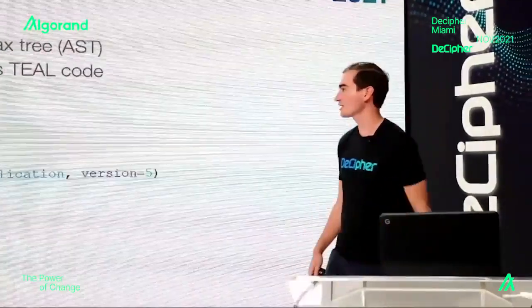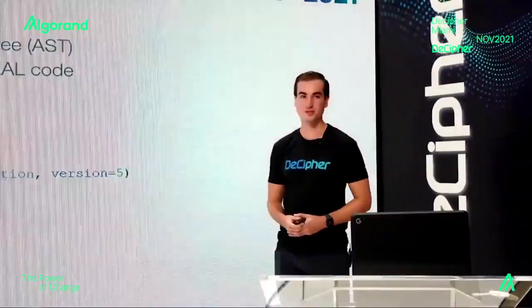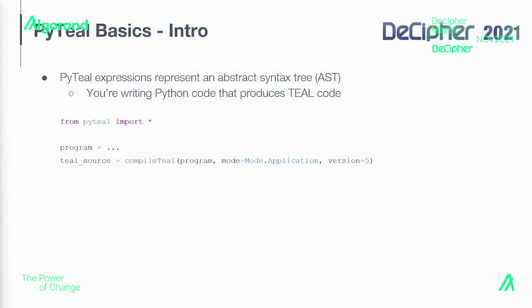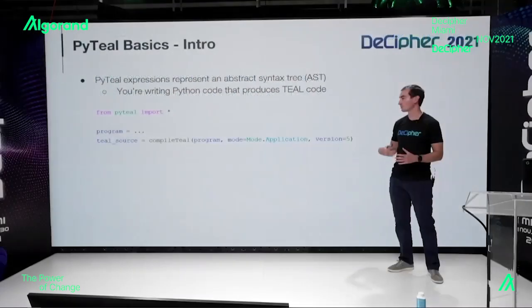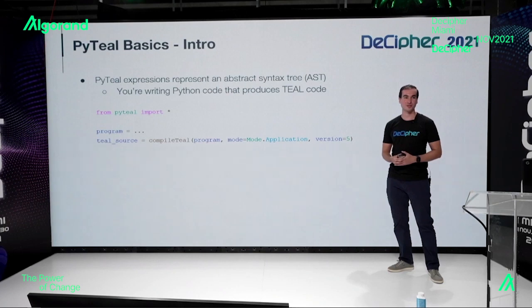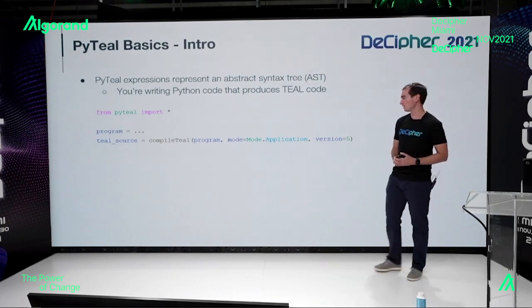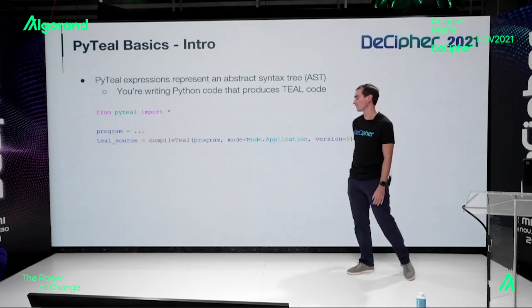So to start with, I talked about PyTeal expressions. The way that this works is I like to say that you're writing Python code that produces Teal code. So things are going to look a little different. You're going to be using our PyTeal objects to create these expressions, and you're building up an abstract syntax tree, or an AST, that represents your program. And then you're going to be calling this compile Teal method right here.